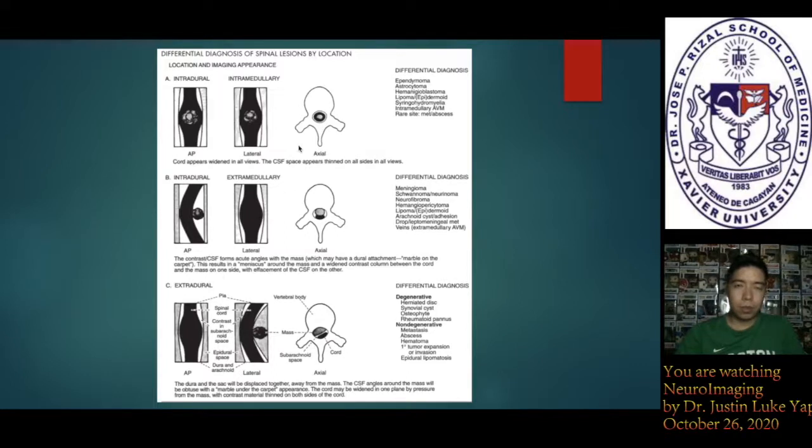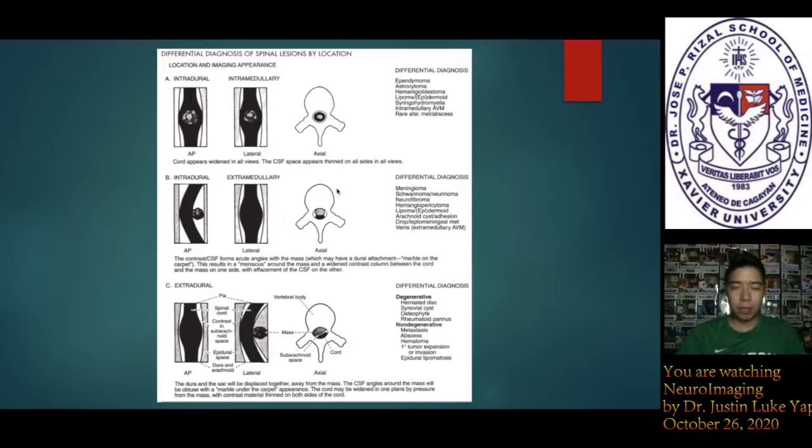To make it easier for you, just remember that when you say intramedullary, it's similar to intra-axial in the brain, and when you say extramedullary, it's similar to extra-axial in the brain.